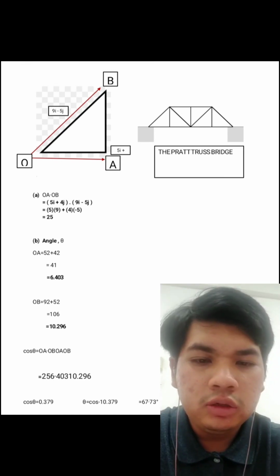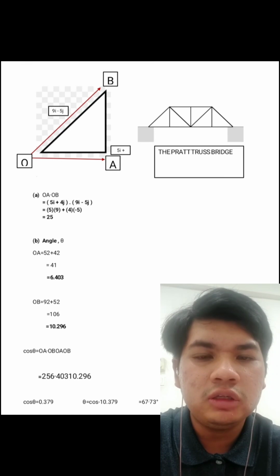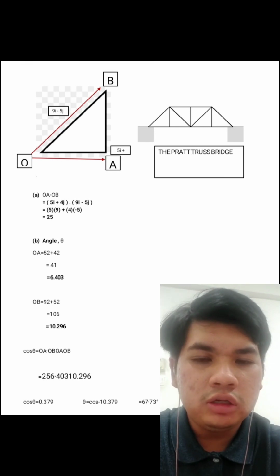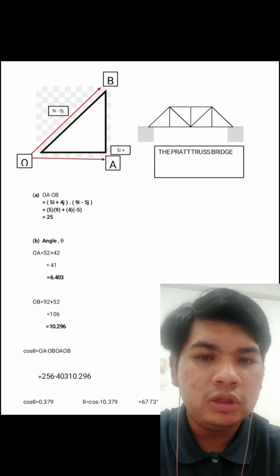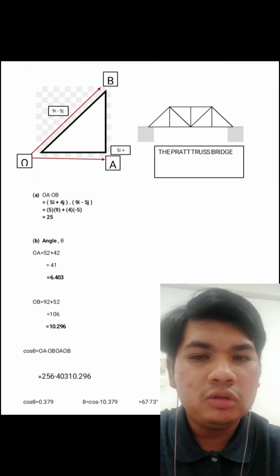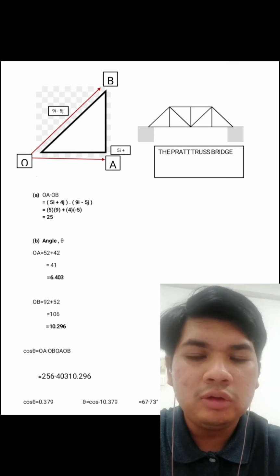Next, we have to include all the answers from the previous calculations to find cos theta, which is cos theta equals vector OA scalar dot vector OB per magnitude of vector OA times magnitude of vector OB, and we got 25 per 6.403 times 10.296. When we calculate it, we got 0.379, and we proceed to the next step.